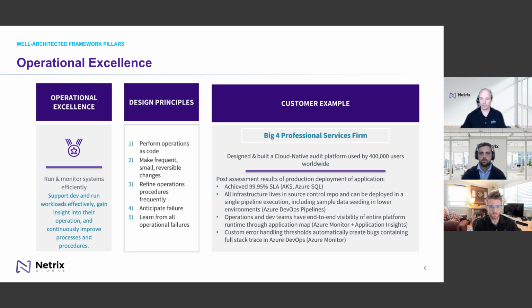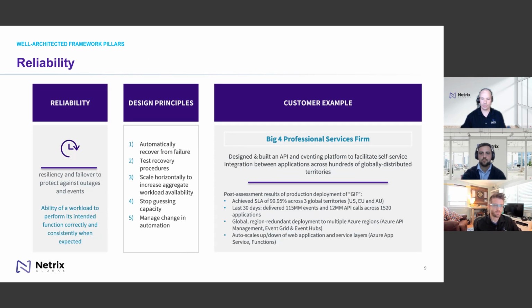So I'm going to move into reliability, which sort of goes hand in hand with operational excellence. And we'll use a different example, also from the same client, but a different project, an application that we built for them. When we talk about reliability, the idea of reliability is resiliency and failover in the case of some sort of geographic or regional outage.